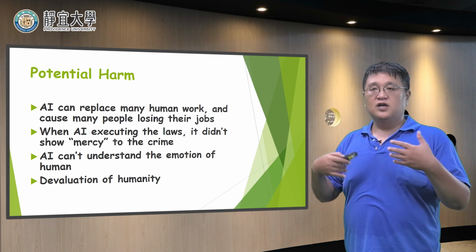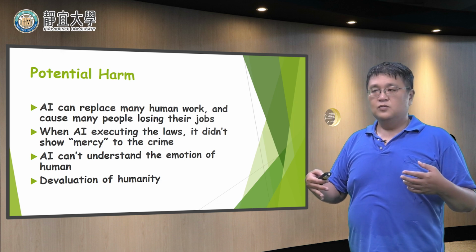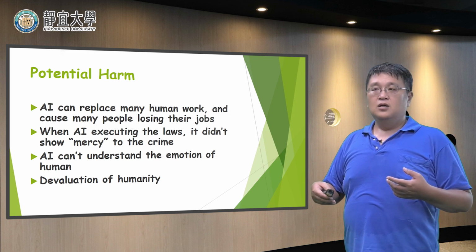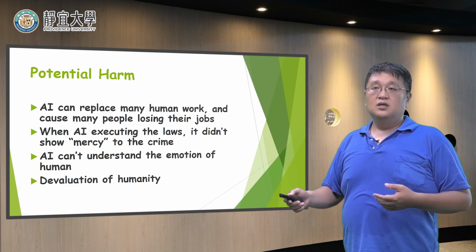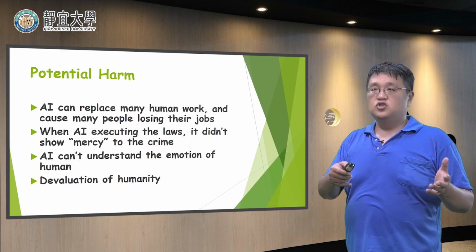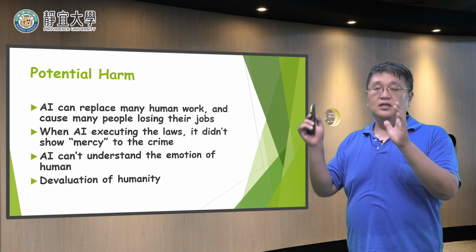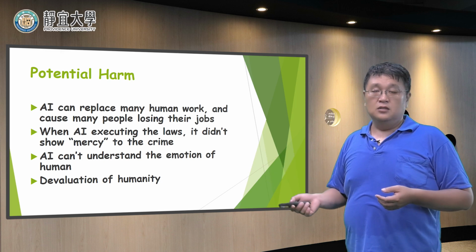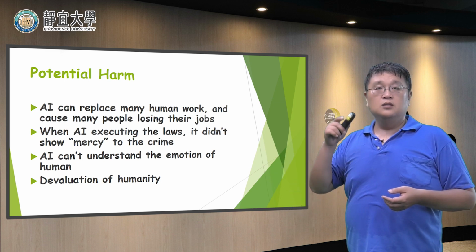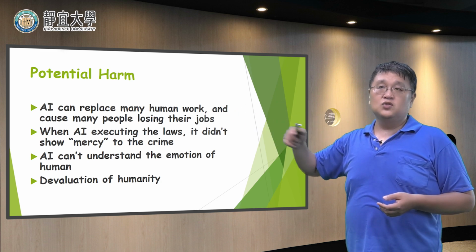If you go against the law but you have some reason, for example, we park at the red line because we want to rush a child to the hospital, that is against the law. But we talk about mercy.